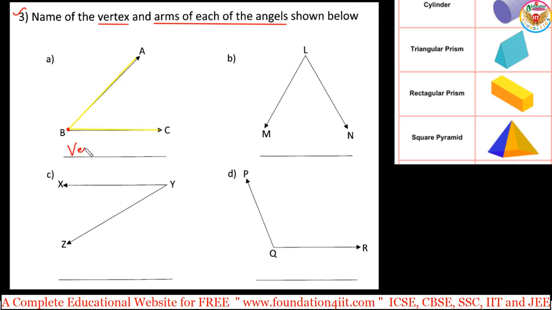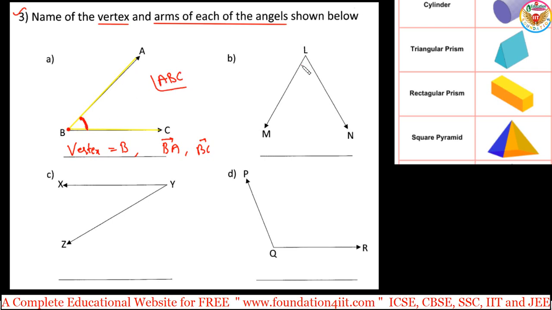In this, vertex equals B. And arms of each angle: BA is one arm and BC is the other. To denote the angle, we write angle ABC. Wherever the vertex is, that should be at the center place, and A and C on either side. So angle ABC is this.